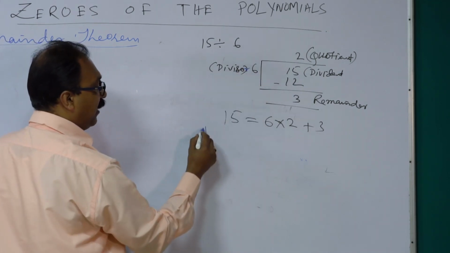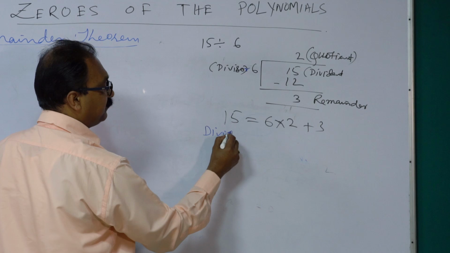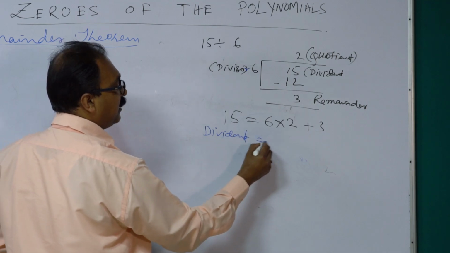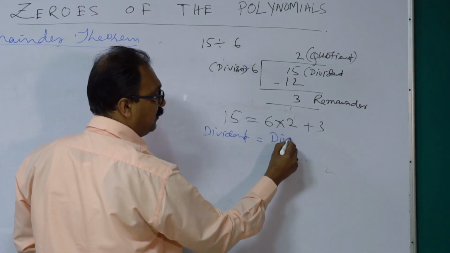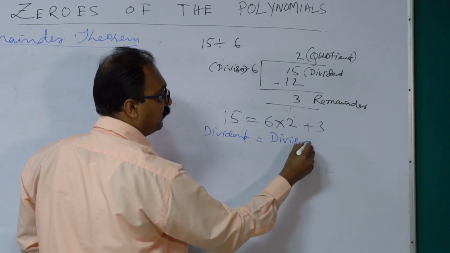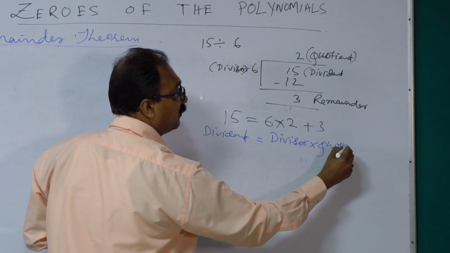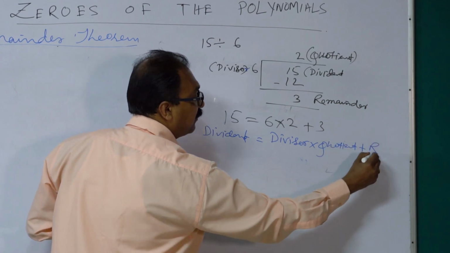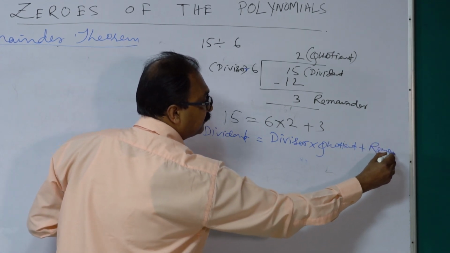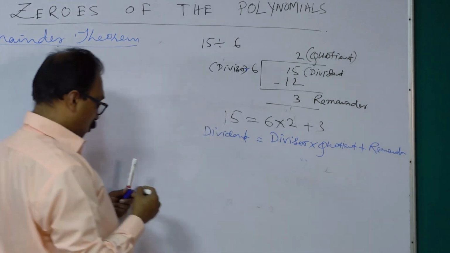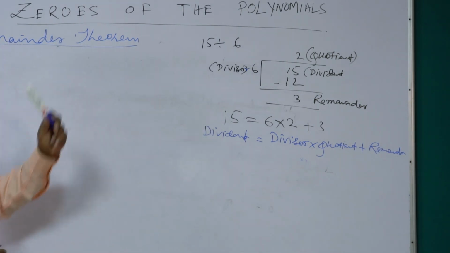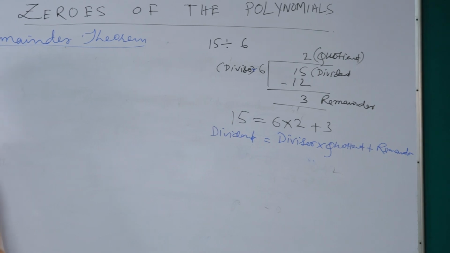Dividend is equal to divisor into quotient plus remainder. Okay. With this theory, we make one theorem, the remainder theorem.